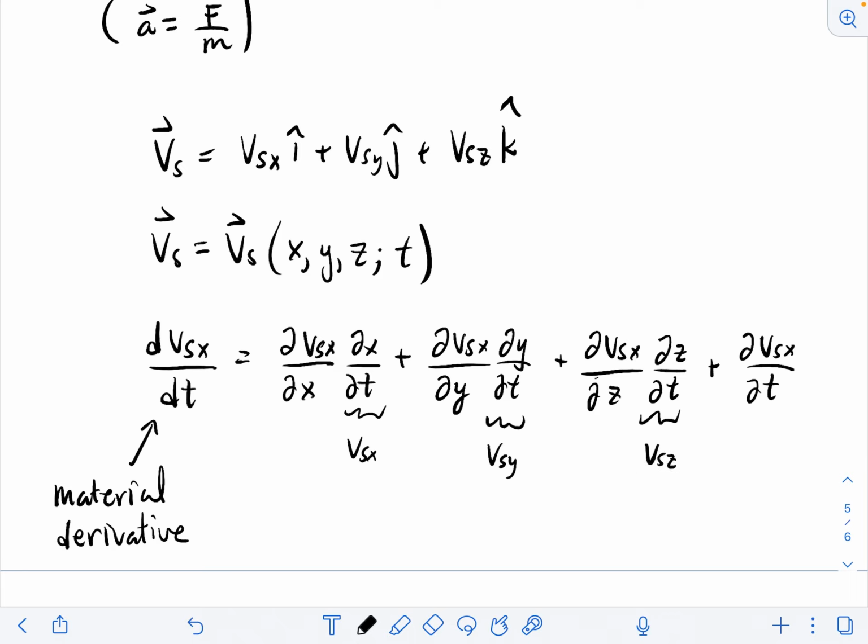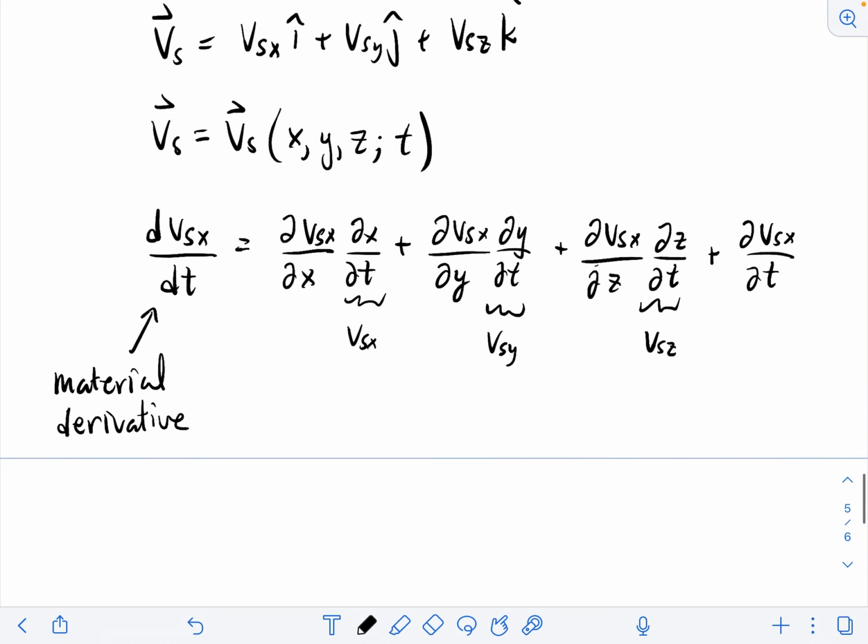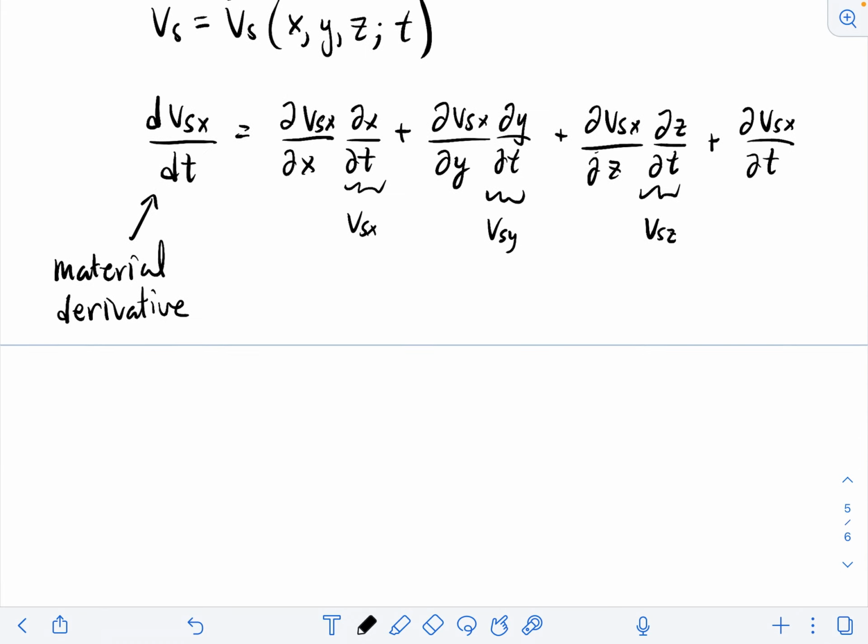Okay, so let's just compare that to this thing that showed up in our derivation of our equation of motion for the superfluid.